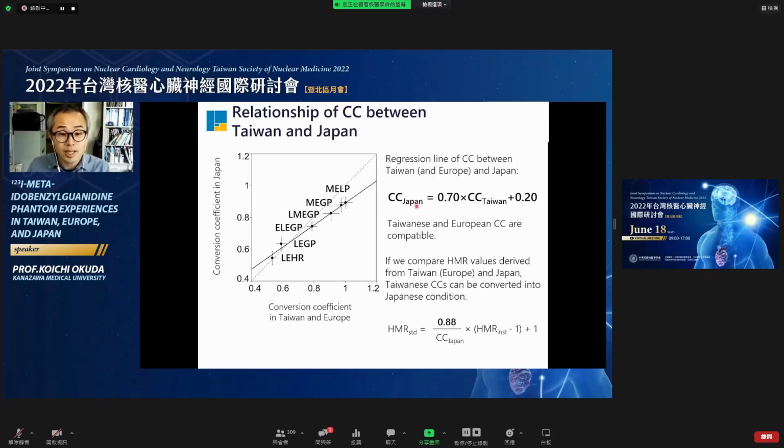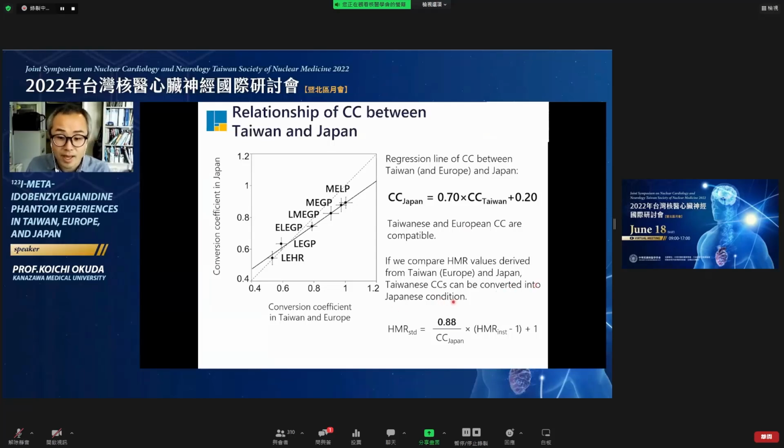Japanese conversion coefficient is equal to 0.70 times Taiwanese conversion coefficient plus 0.20. By using this regression line, we can use Taiwanese and Japanese conversion coefficients interchangeably. Fortunately, Taiwanese and European conversion coefficients are compatible. If we compare HMR values derived from Taiwan and Japan, Taiwanese conversion coefficients can be converted into Japanese condition.